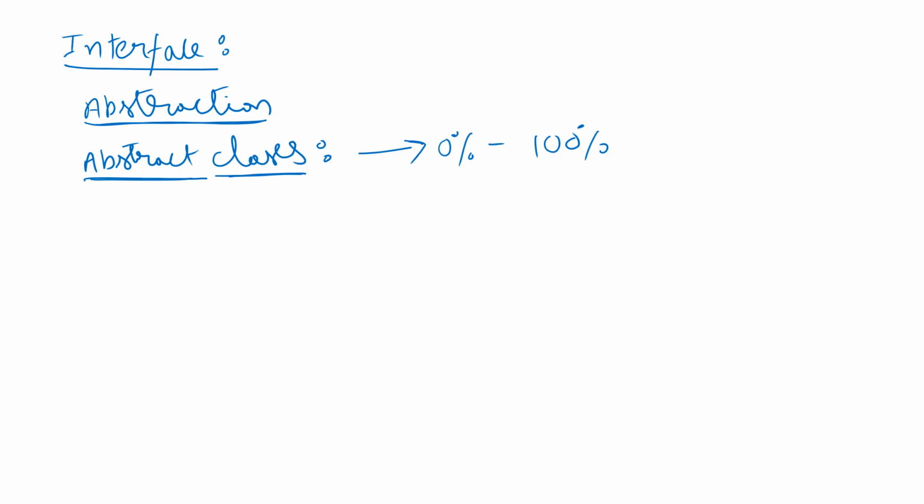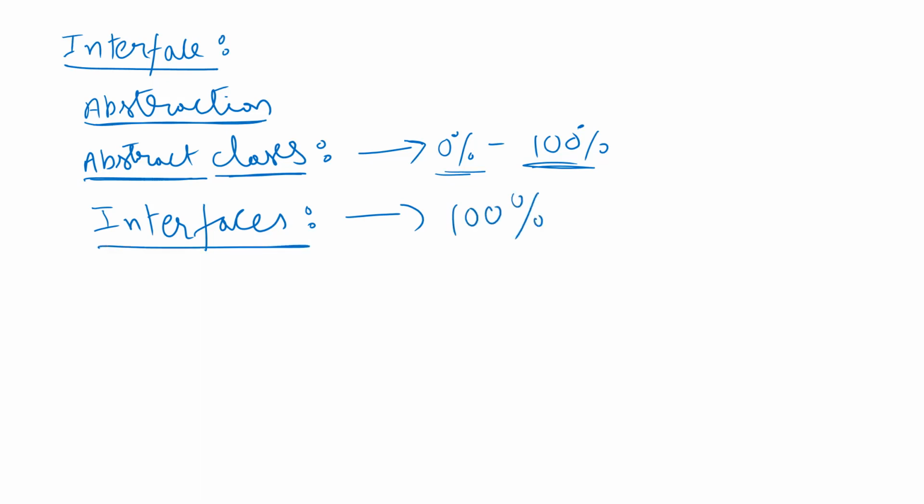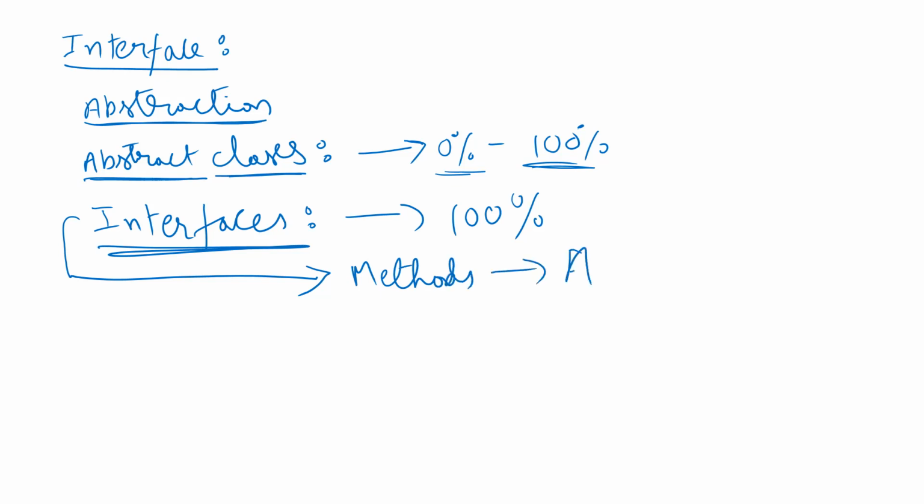So they provide abstract functionality between 0 to 100%. But interfaces, they provide 100% abstraction. That means whatever the methods that we define in interfaces, they are fully abstract.